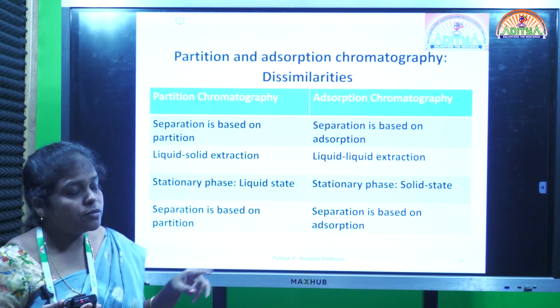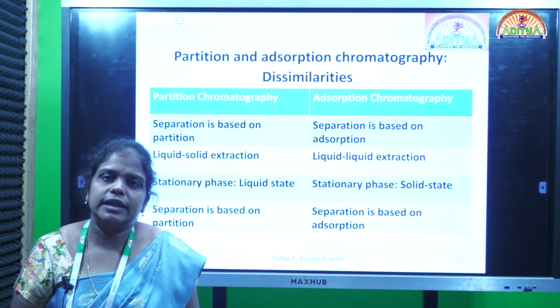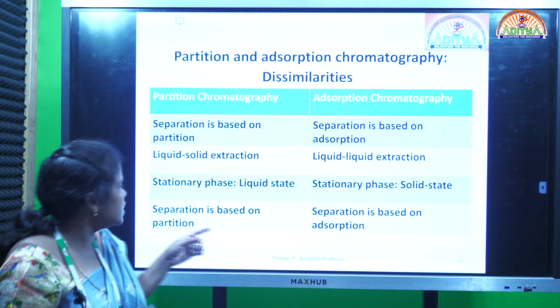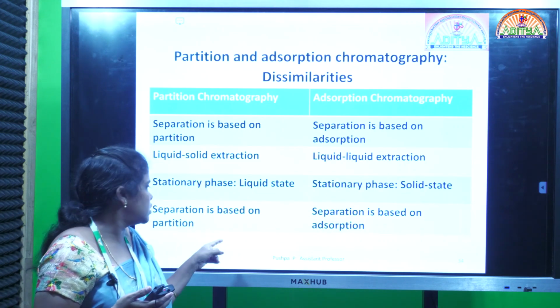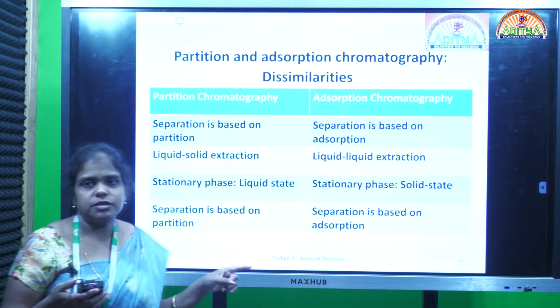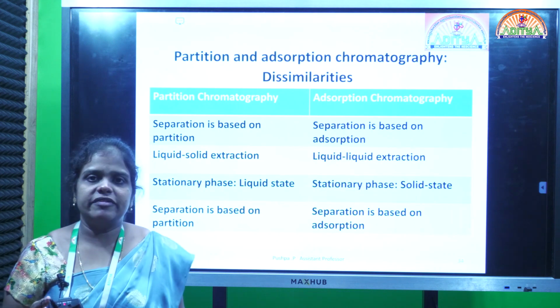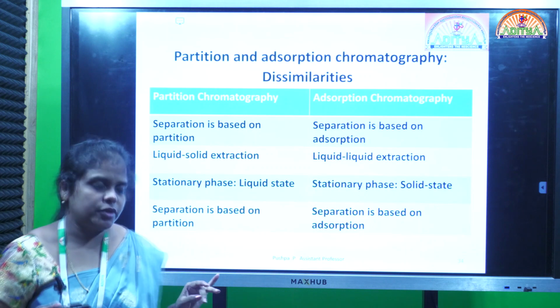Whereas in adsorption chromatography, the stationary phase we are using is solid, and the mobile phase is liquid. And coming to the separation, in partition the separation is based on the partition, and here the separation is based on the adsorption. These are the similarities and the differences between column adsorption chromatography and column partition chromatography.